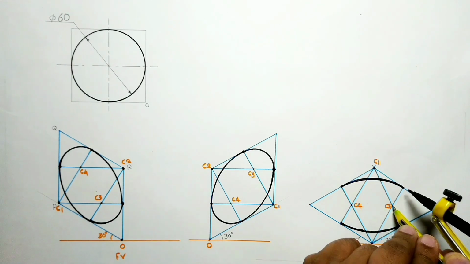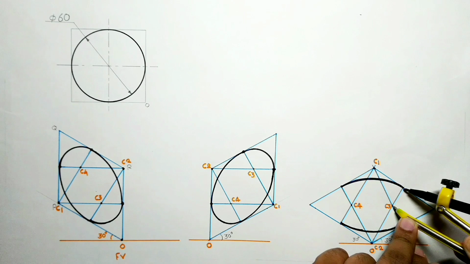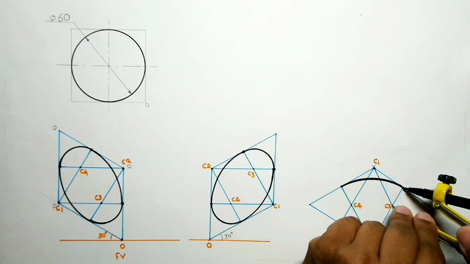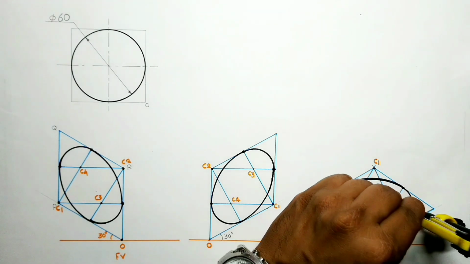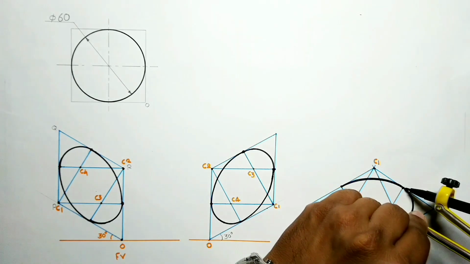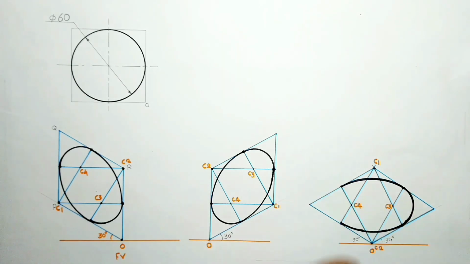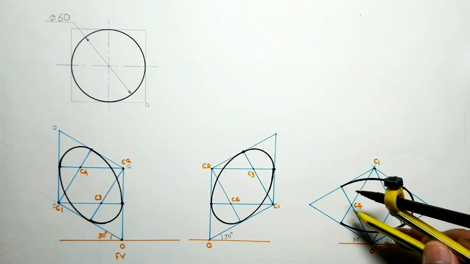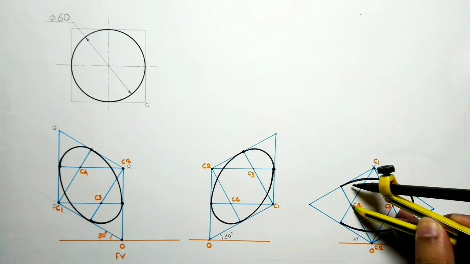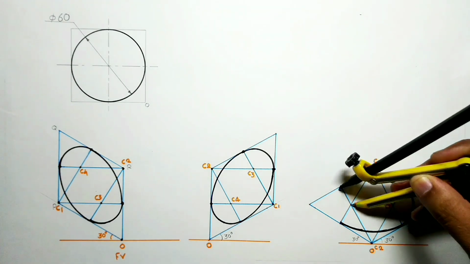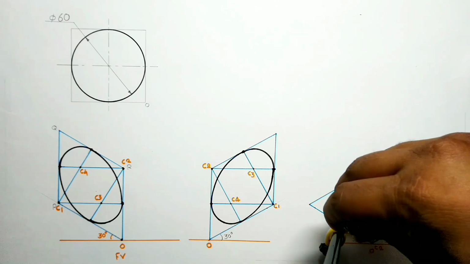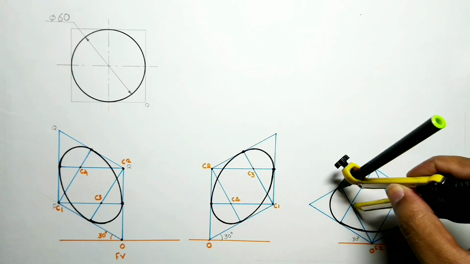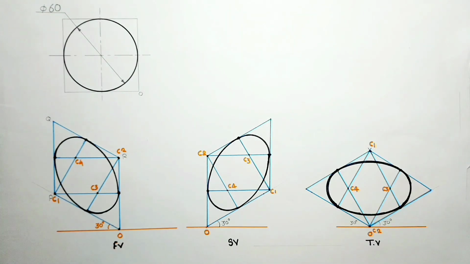So take the center as C3, this distance as a radius, and draw one arc. Then C4 as a center, this distance as a radius, and mark one arc. This is the process to draw a circle in different isometric views.